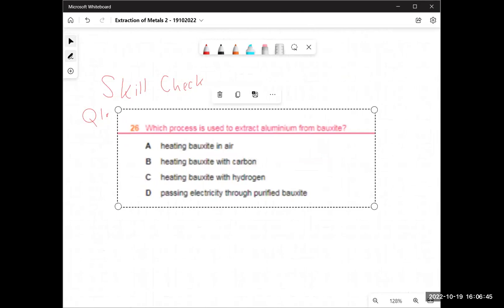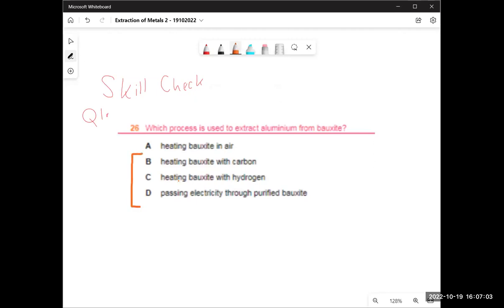Now, Diana, read the question quick. Which process is used to extract aluminium from bauxite? Heating bauxite in air, heating bauxite with carbon, heating bauxite with hydrogen, passing electricity through purified bauxite. Now, which of these do you think is the correct option?